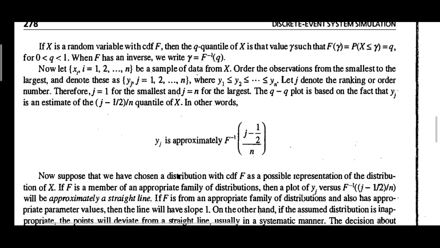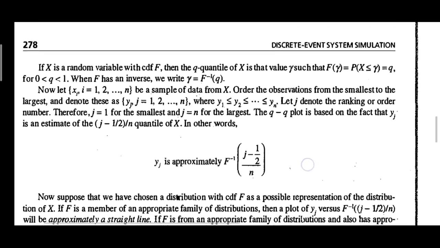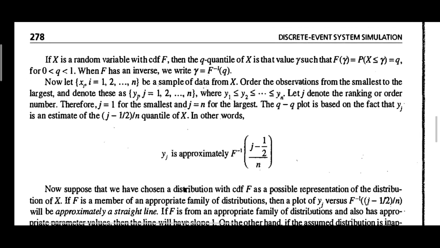This is one of the easiest steps and very simple to remember. Let j denote the ranking or order number. j is 1 for the smallest number, j is n for the largest among them. The QQ plot or quantile plot is based on the fact that yj is an estimate of the (j minus half) divided by n quantile of x.